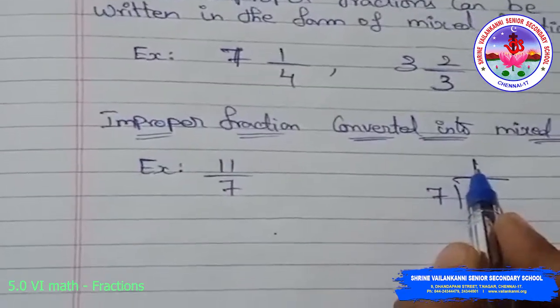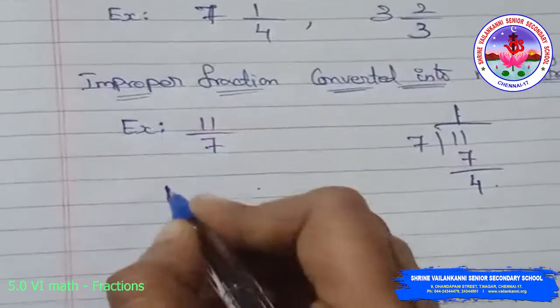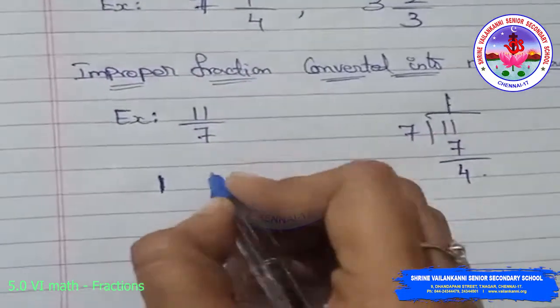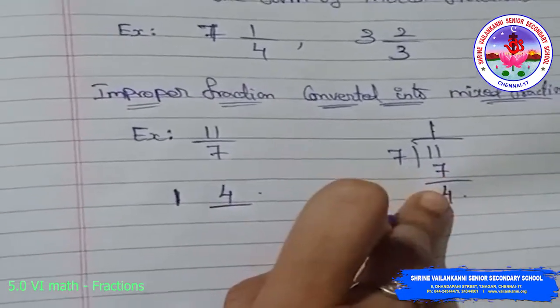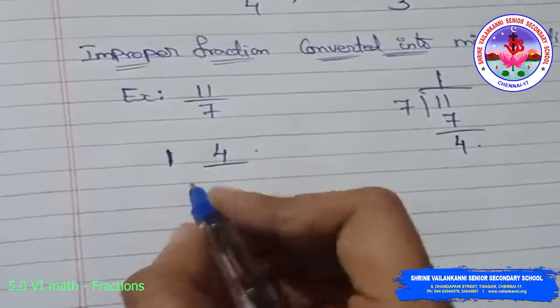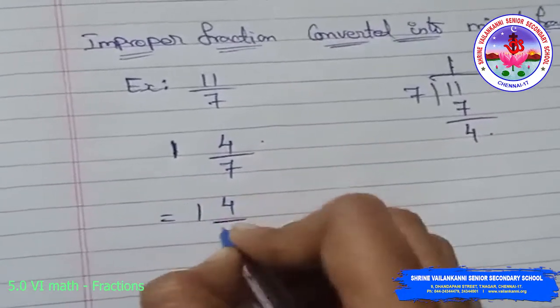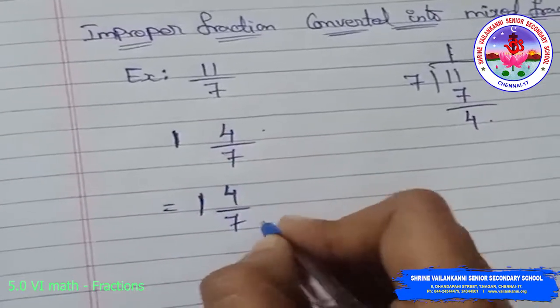The quotient is the whole number part of the mixed fraction, and the remainder is the numerator of the mixed fraction, that is 4. The divisor is the denominator, the same, that is 7. So the mixed fraction is 1 4 by 7. Here the whole number is 1, the fraction is 4 by 7.